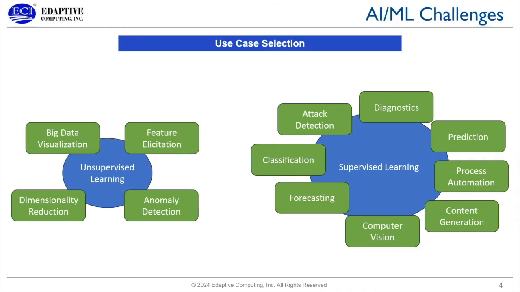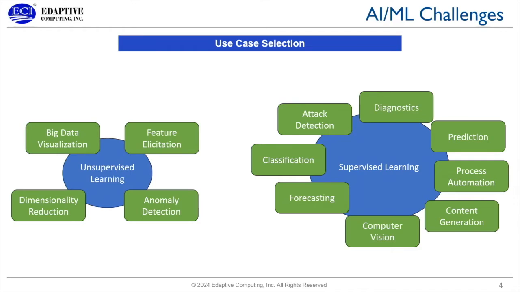So that's unsupervised learning, where they don't have labeled data, and then supervised learning, if they do, things like classification, forecasting, your prediction, content generation, computer vision, diagnostics, attack detection, being if there's some kind of malicious attack going on with network data, for example, being able to identify that, classify malicious users.